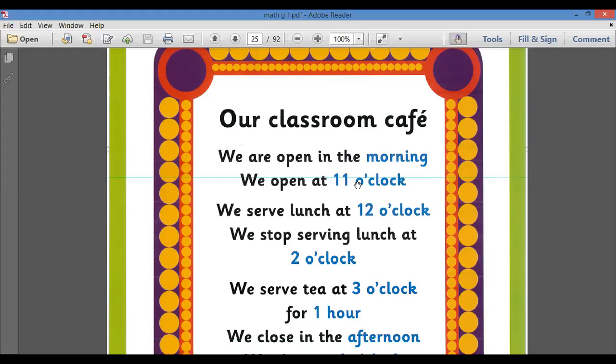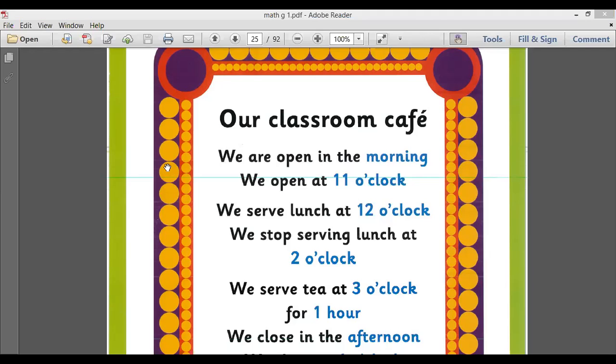At which time do we open our classroom cafe? At 11 o'clock. Next, we serve lunch at 12 o'clock. At what time are you going to buy lunch from our classroom cafe? It is 12 o'clock.